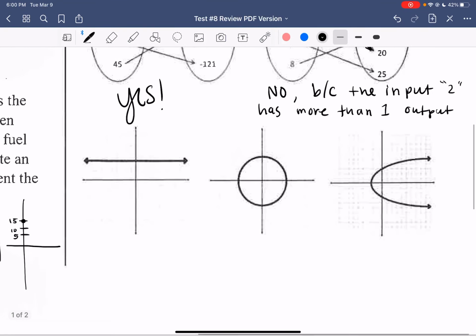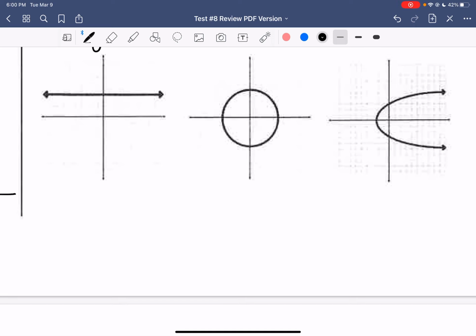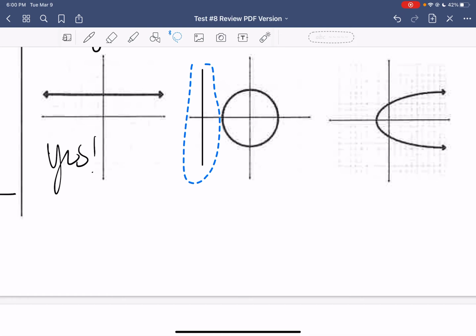All right, and then when we're looking at graphs, we can use the vertical line test. So let's take our vertical line test and see what we come up with. So I'm going to take this vertical line. We're going to see if it passes. So this one, it passes all the way across the board. So this one is going to be a yes, it's a function. The next one, we see our circle.